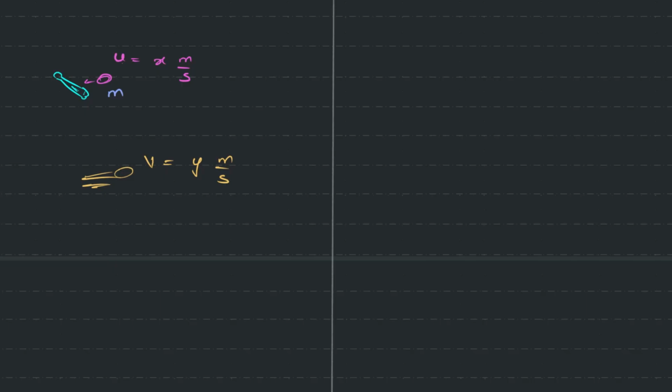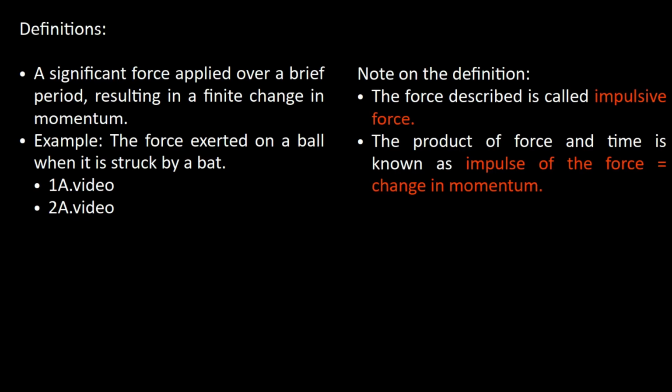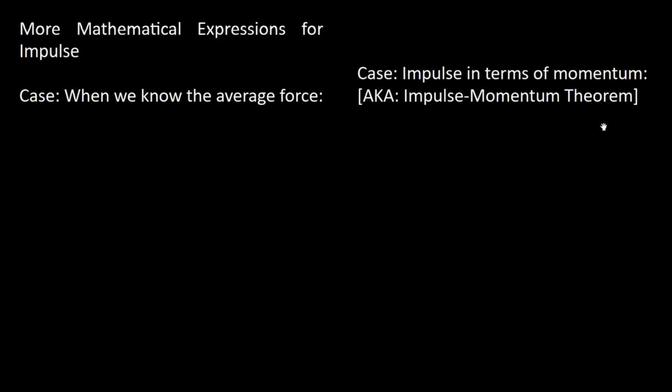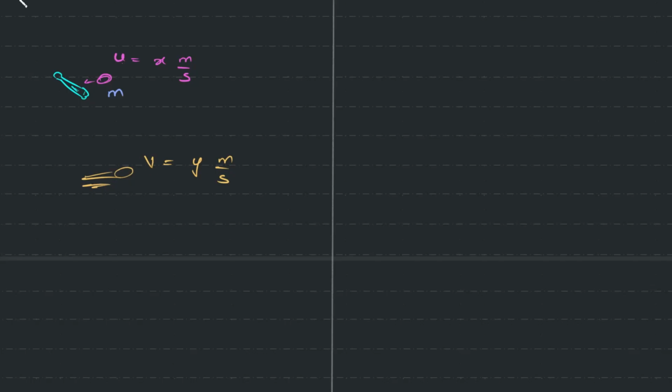So it has a special name, the impulse momentum theorem. So impulse in terms of momentum is what is more practical, right? But that is all introduction. The way we just saw was just introduction. We were just getting introduced to the idea of impulse being a product of time and force, right?